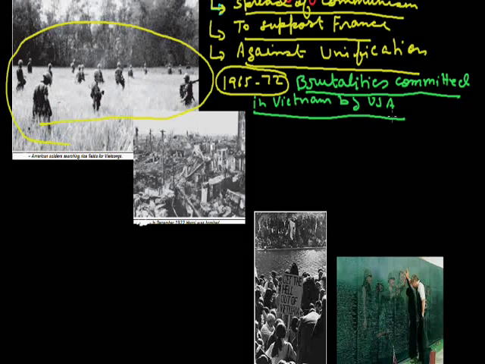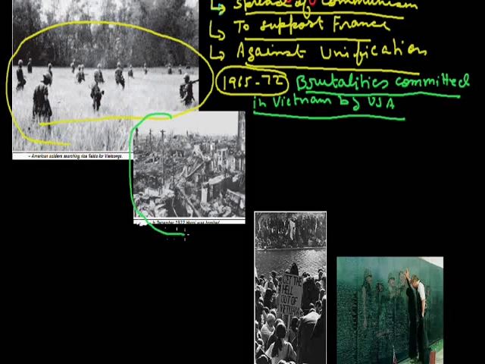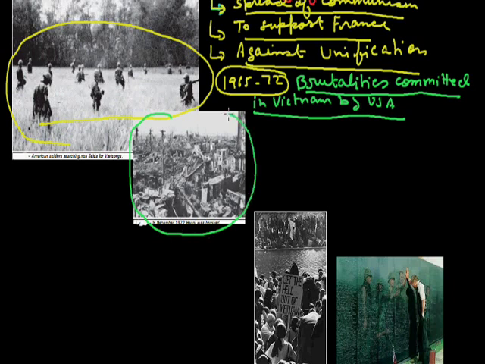But unfortunately, in this Vietnam War we see a lot of brutalities committed by America, as you can see here in this picture, how Hanoi city was bombed by American B-52 planes in the year 1972.